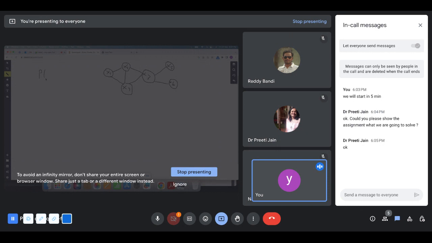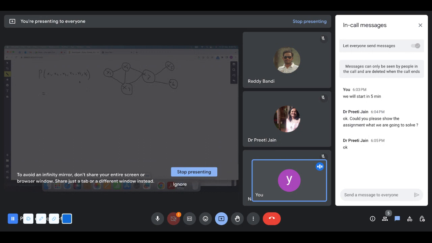Now this is a function of six random variables, right? So how do you represent this for an undirected graph?